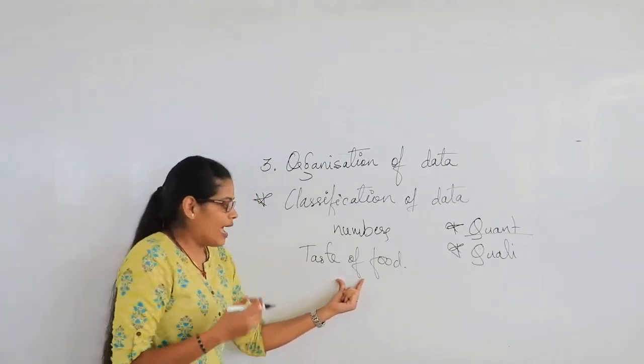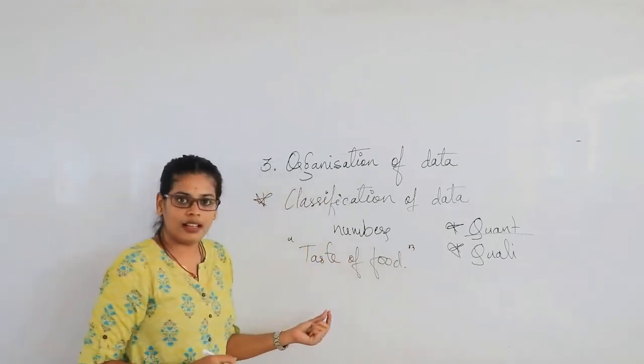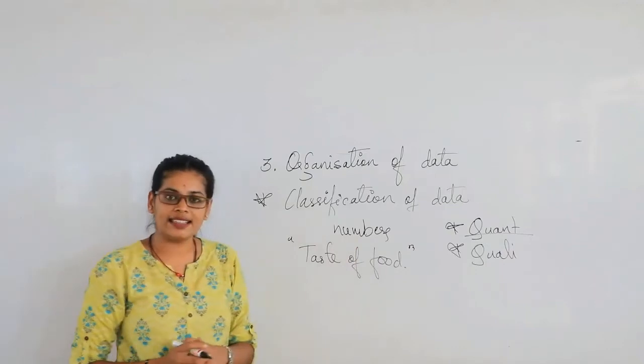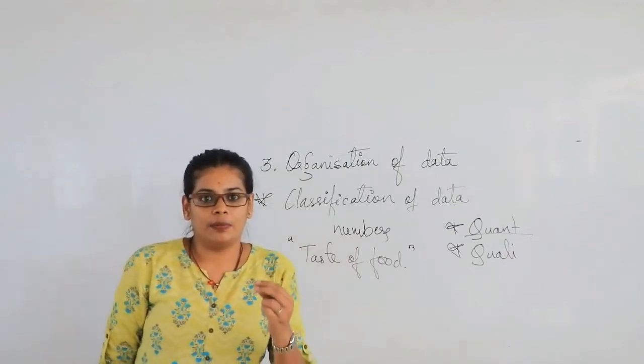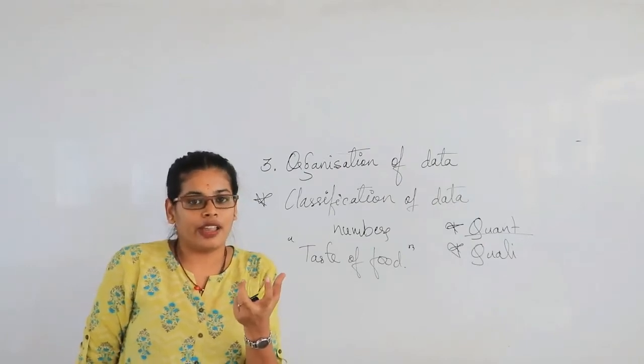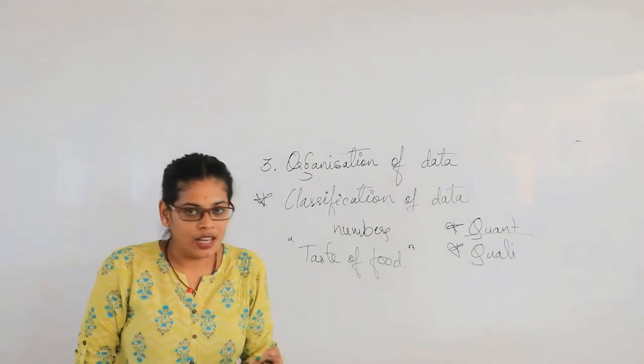So when I am taking this kind of topic, can you express this in numbers? Can I say that the chapati which they have prepared is okay 4? Can I express it like this in numbers? No, right?